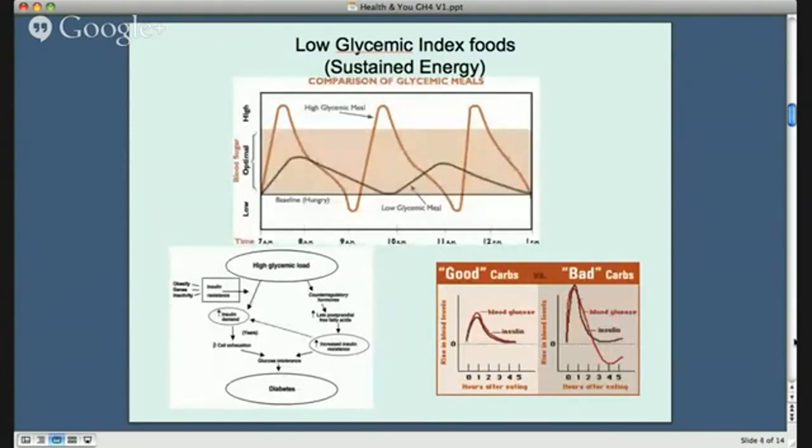So the low glycemic index, what is that? The glycemic index is an index of how quickly foods are translated from the food into a sugar within our bodies. Now, if we eat high glycemic foods, we'll get a huge spike in sugars within our bodies. Insulin kicks in, and insulin becomes the thing that stores fat.